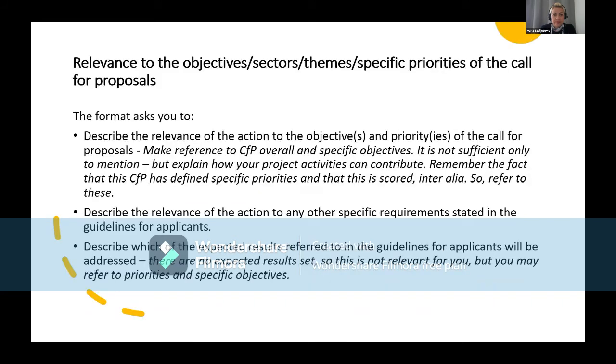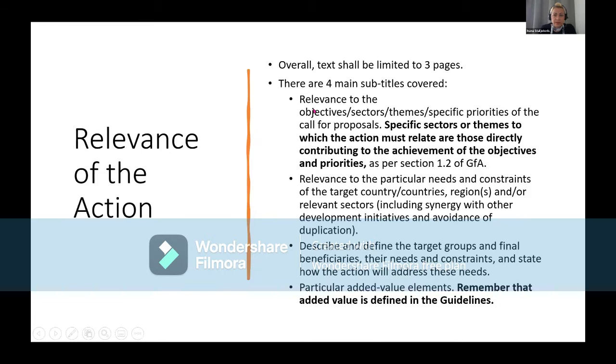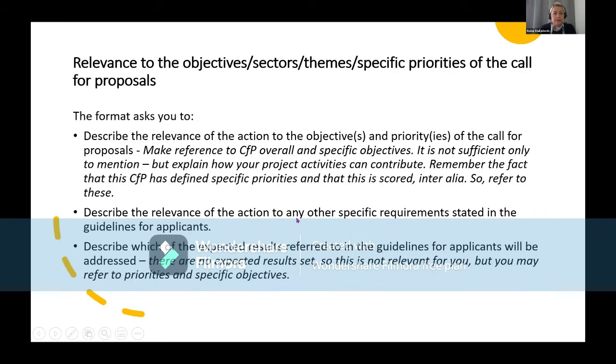Okay, for the relevance of the action, that first section that we mentioned, you need to describe the relevance of the action to the objectives and priorities of the call. You should make reference to call for proposal overall and specific objectives.